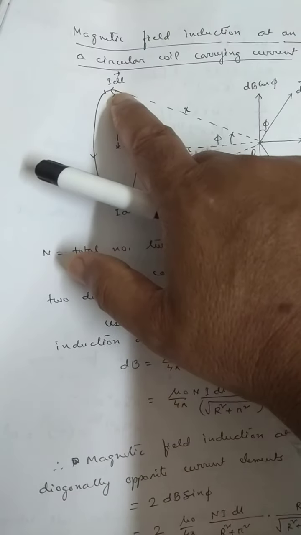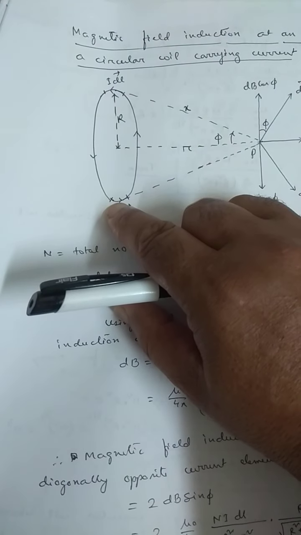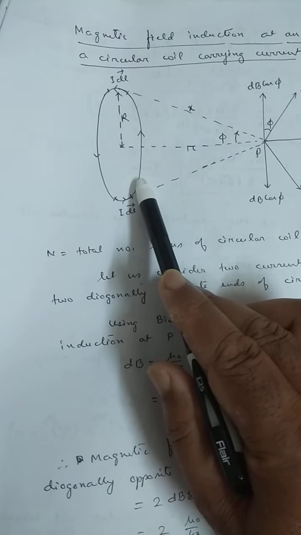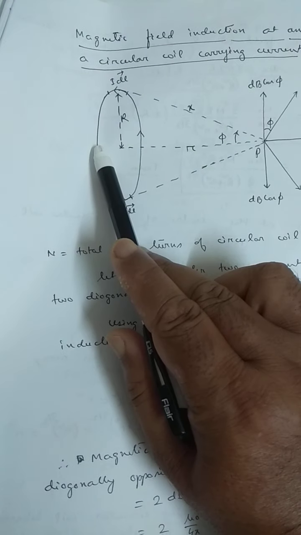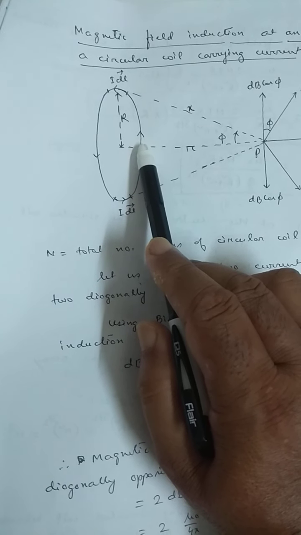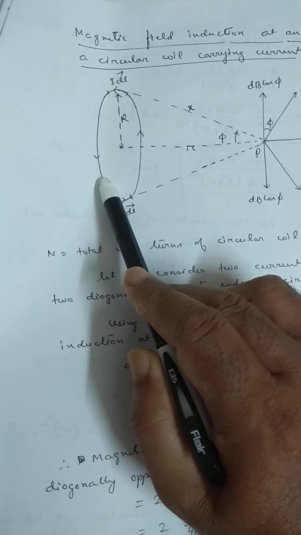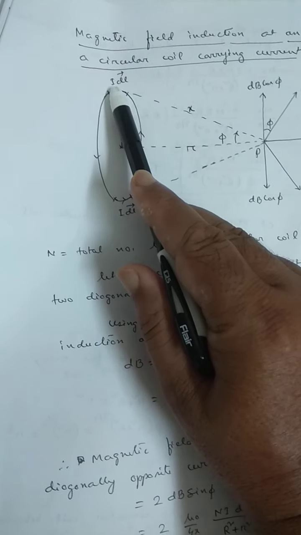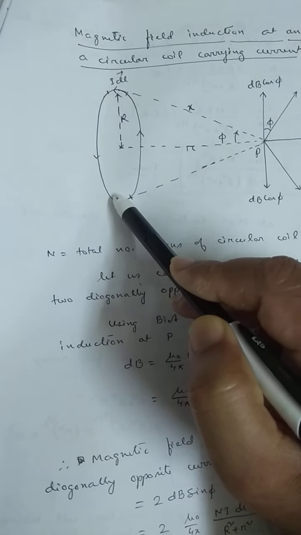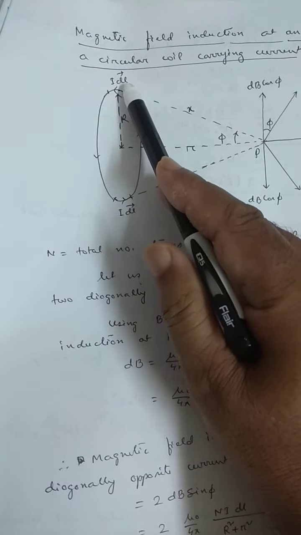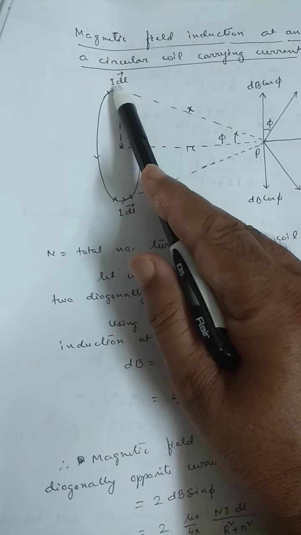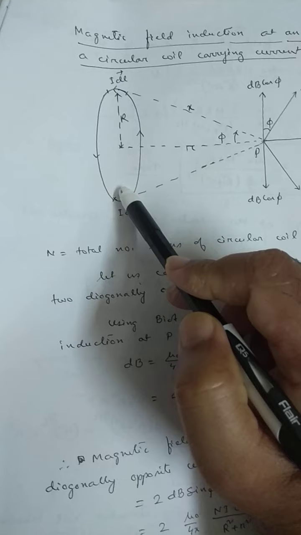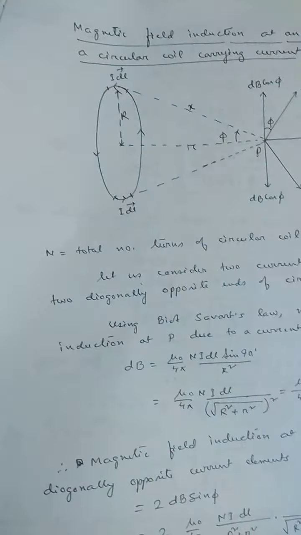When I consider one current element here, the next current element is here. If I consider one current element here, the next current element will be here. That means when I integrate half of the circle, the other half is already included, because at every position I have to consider two current elements at two diagonally opposite ends.